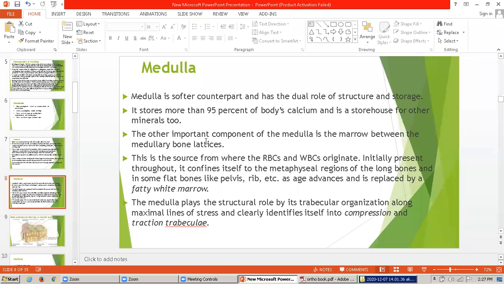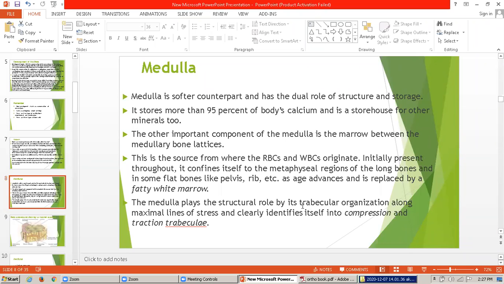and the important component of the medulla is the marrow that is between the medullary bone lattices, and this is the source from where RBC and WBC originate. So, medulla is the most important part of the bone where the RBC and WBC originate.